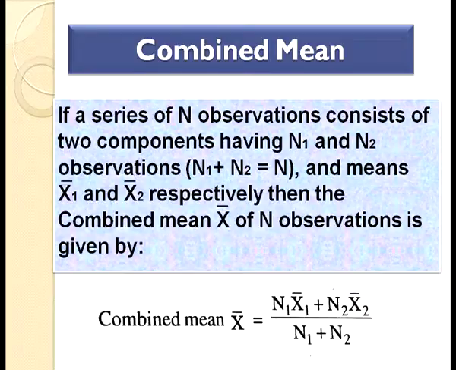Then the combined mean can be calculated as n1 into mean of first plus n2 into mean of 2 divided by the total number of observations of the two components, that is n1 plus n2. Let's see with the help of an example what we have learned.